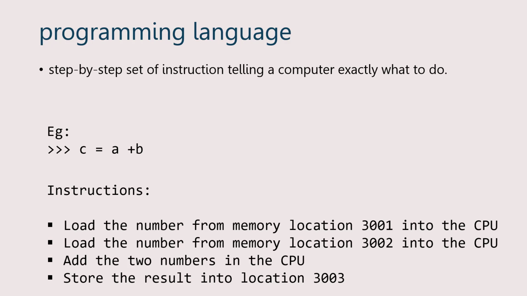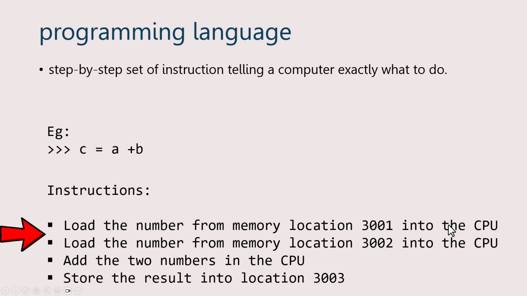For example, load the number from memory location 3001 into the computer. Probably this is a variable and some number is being stored here, and it is stored in memory location 3001. 3001 could be the address in which our variable or some number is stored. Now we are asking to load the number from the memory into the CPU.